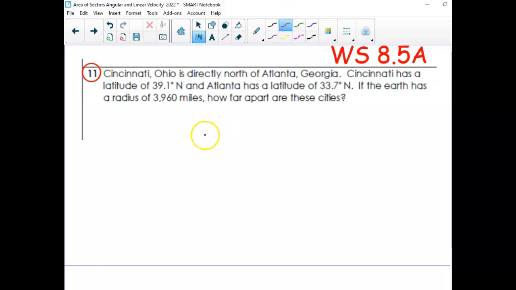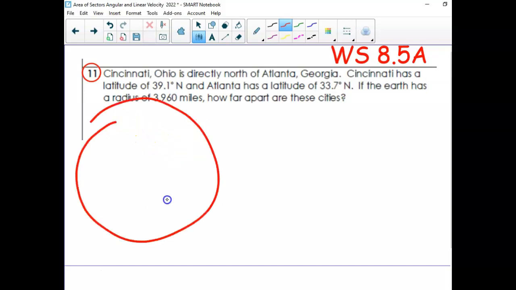Okay, Hofbauer's definition of fun is probably different than yours, but if we were talking about the Earth, Cincinnati, Ohio, on the surface of the Earth, has a latitude of 39.1, and Atlanta, south of it, has a latitude of 33.7. These are actually degrees, but let me show you what they really are saying.